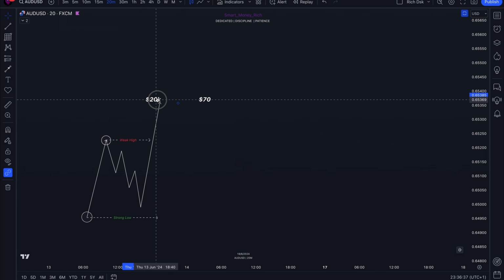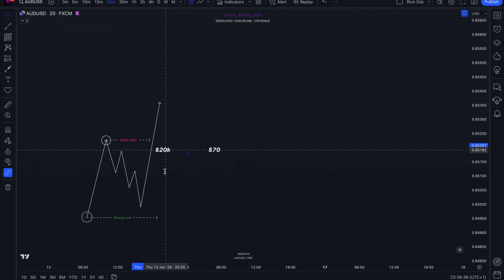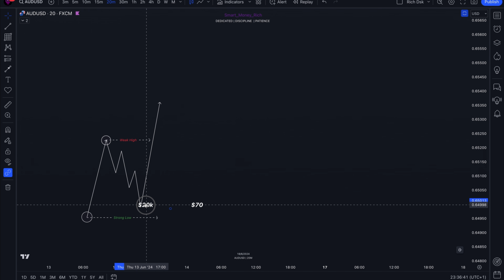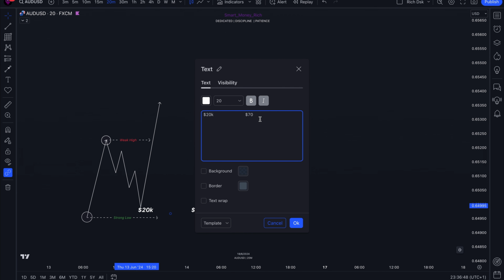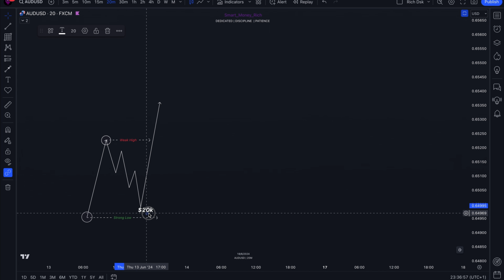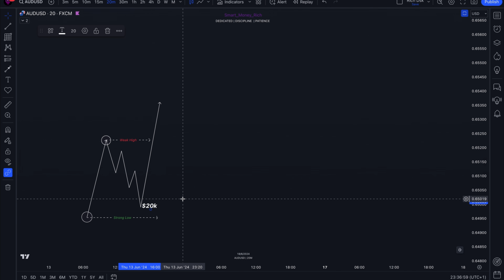So in this case, the way I'm going to do this is this low is going to be 20k, right? That's just how I'm going to do it now so you can understand it better. This low was the price of this low was $20,000.